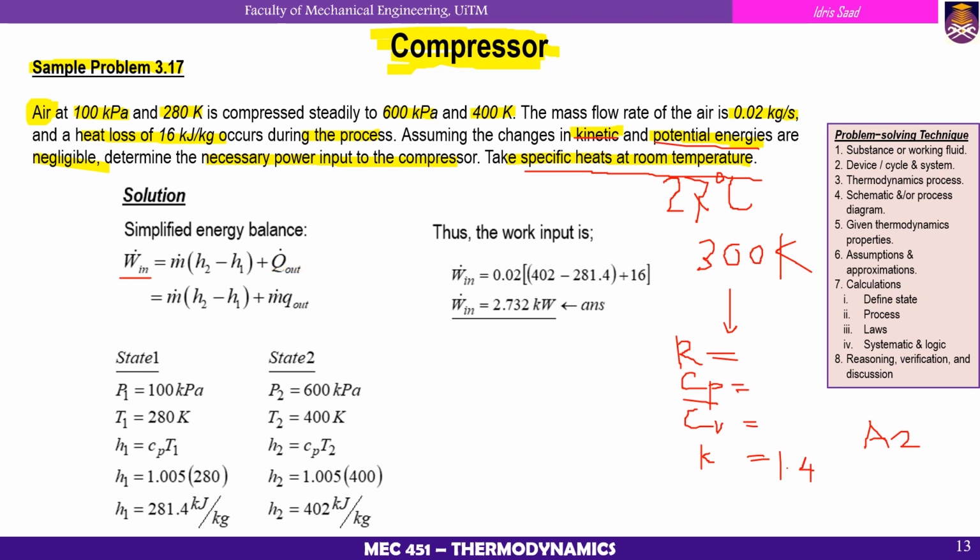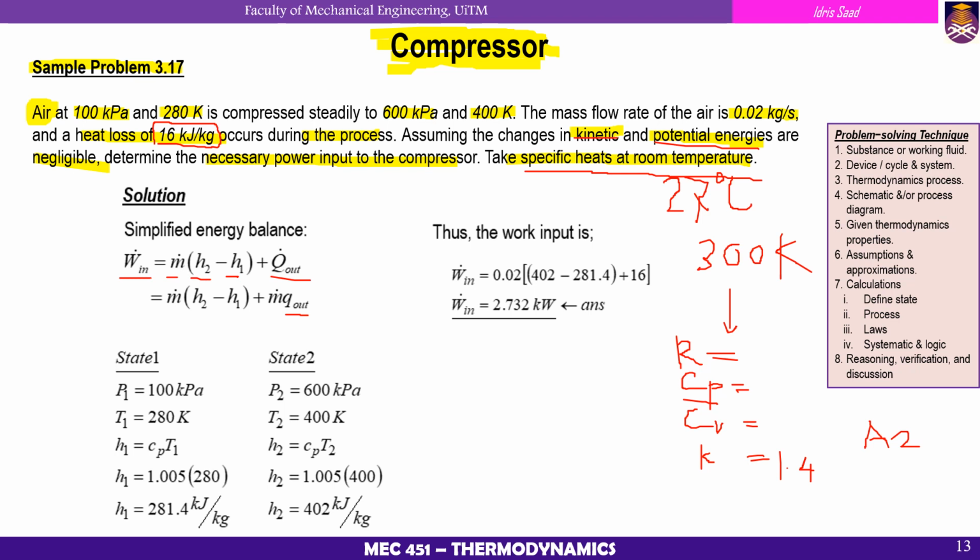So our equation is power in is equal to m dot times H2 minus H1 plus Q out. Capital Q, we can reduce to m dot multiplied by the specific heat output, because of the 16 kilojoule per kilogram, which is the specific heat output.